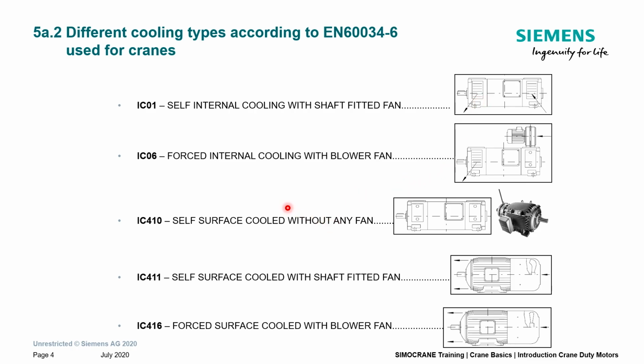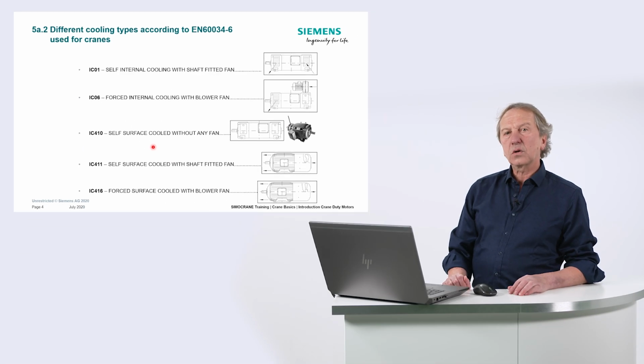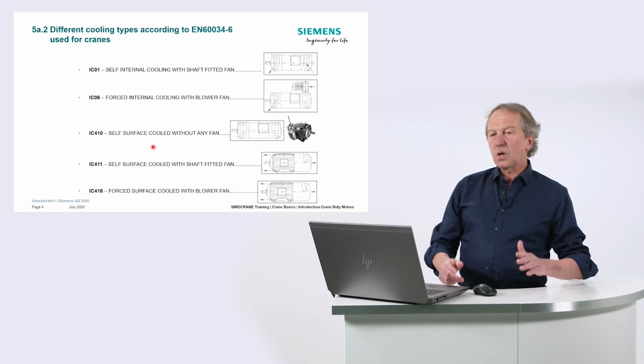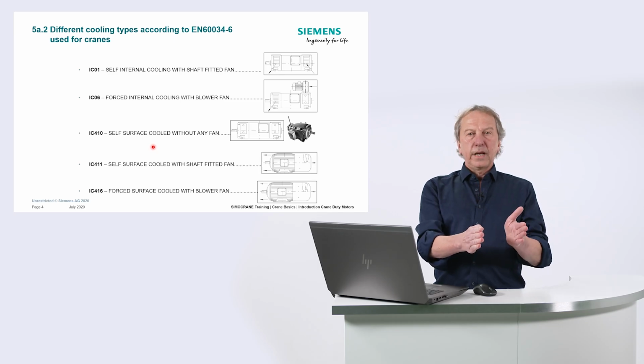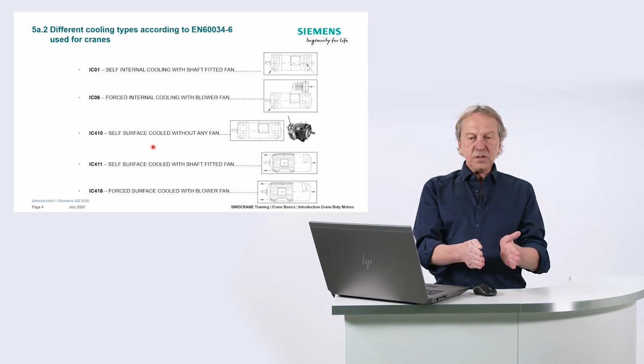Then IC06, forced internal cooling with blower fan, but in that case it's an external blower fan and not a shaft-fitted fan. Then we have also applications where we just used self-service cooled motor types without any fan. This is very relevant for some crane types, for the gantry motors, because we have lots of cranes who are working like a ship-to-shore crane, is unloading and loading a ship and stands for a long time at the same position.